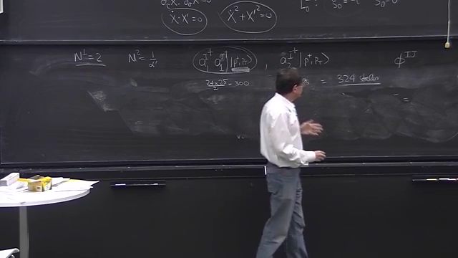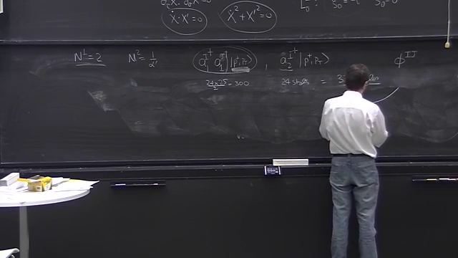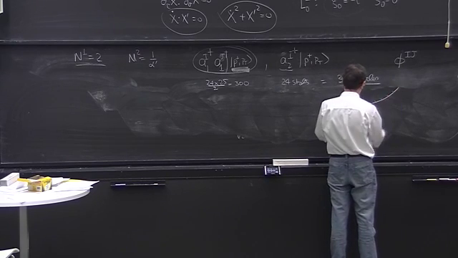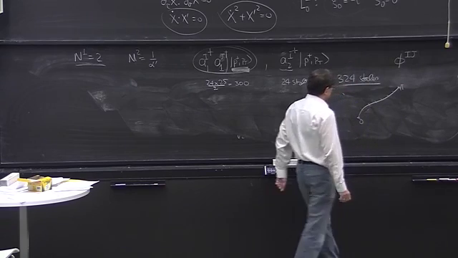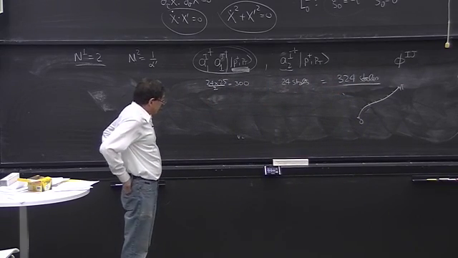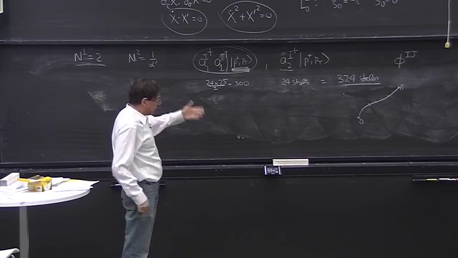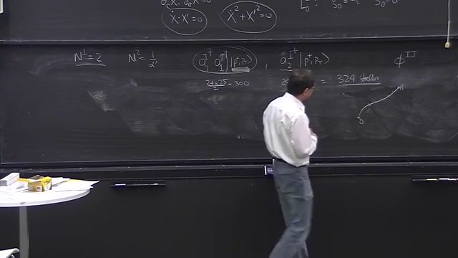All our open strings are oriented. So you have an open string, you have a parameterization sigma from 0 to pi. It's oriented, 0 and pi. And you can ask whether you can construct a theory playing with the orientation.